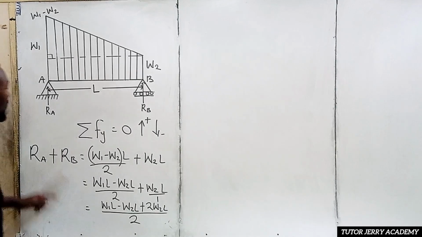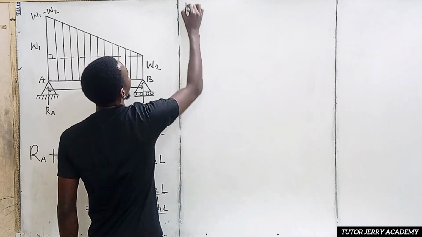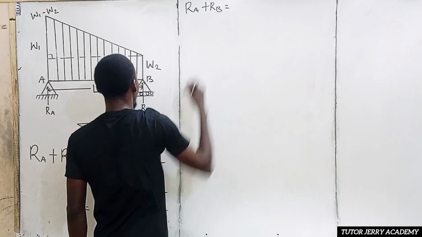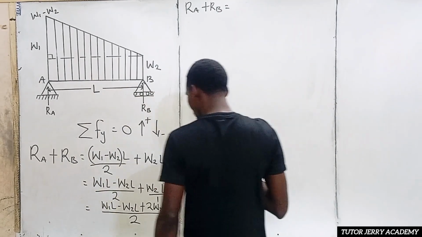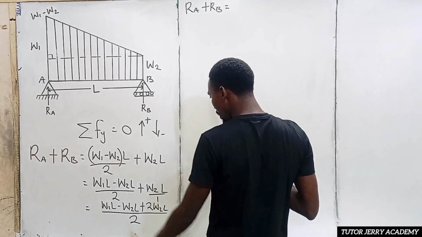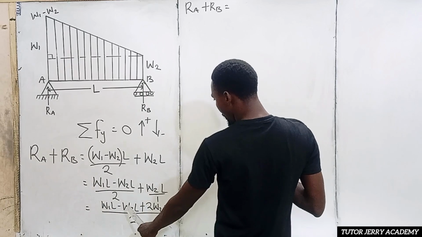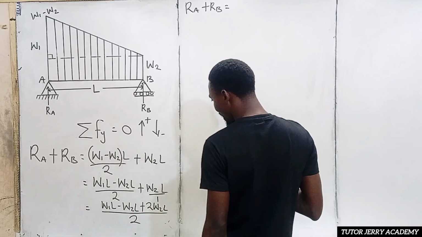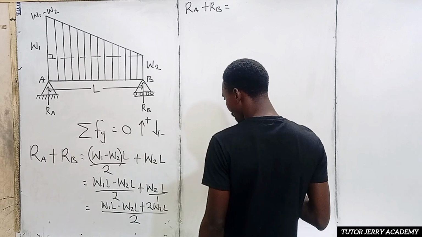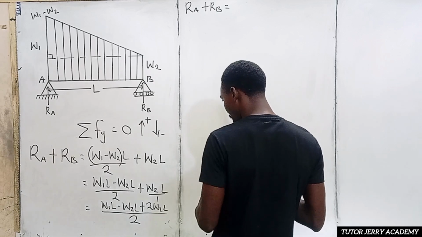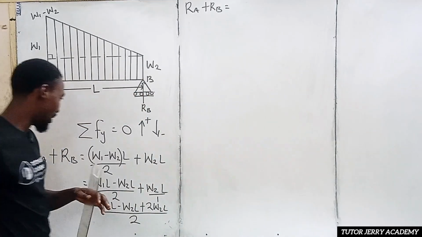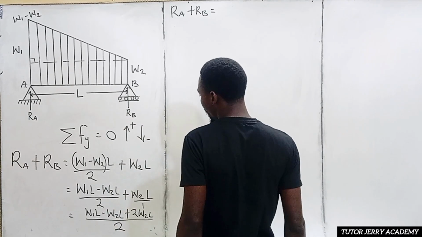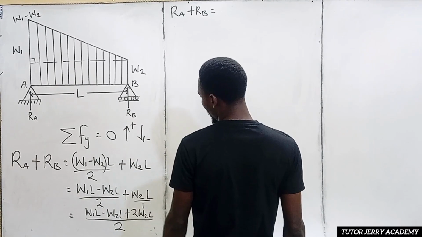All right. So it means that we can therefore say reaction at A plus reaction at B will be equal to minus W2L plus 2W2L. That is going to give us what? Minus 1 plus 2, right? So we are going to have this as minus 1 plus 2. We are going to have this minus this.